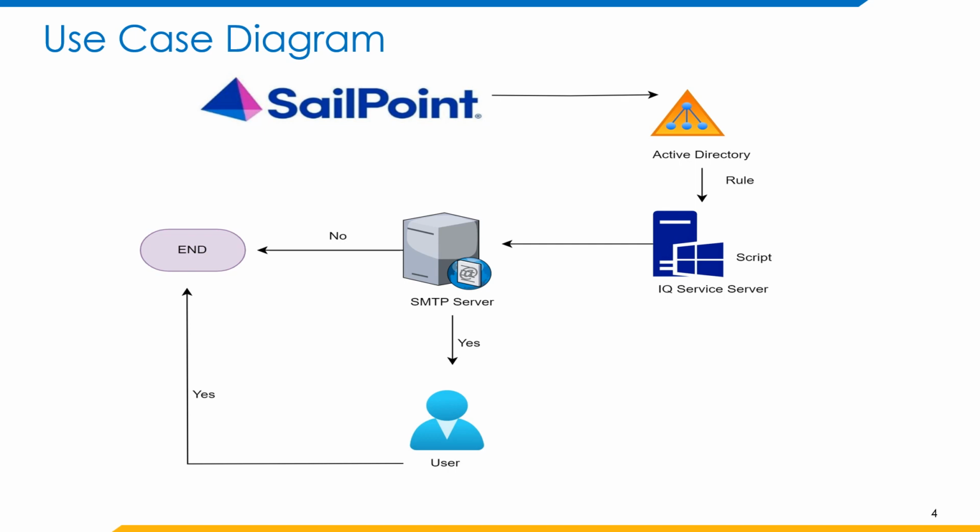From the UI request center, HR or manager will request for an AD account depending on the license to be assigned for the user to be onboarded. Once the request is completed, the Active Directory account will be created and the after-create rule will be triggered.